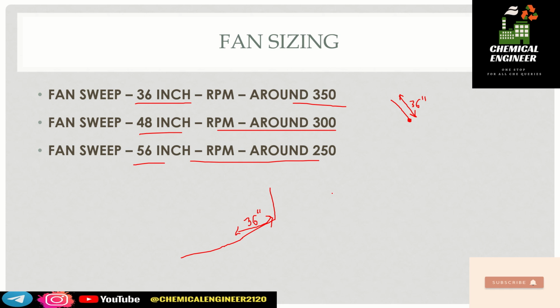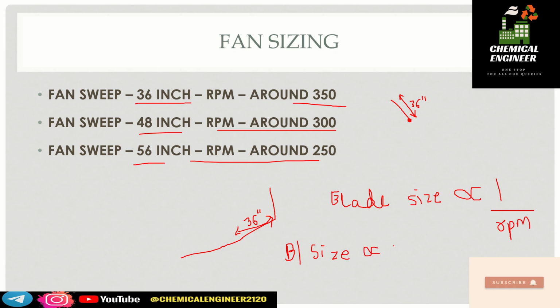So what we got to know from this is that the fan blade size, we call it blade only, okay? Blade size is inversely proportional to the RPM. And in our previous slide, we have seen that RPM is directly proportional to the height of the ceiling. So we may say that blade size is also inversely proportional to the height of the ceiling.